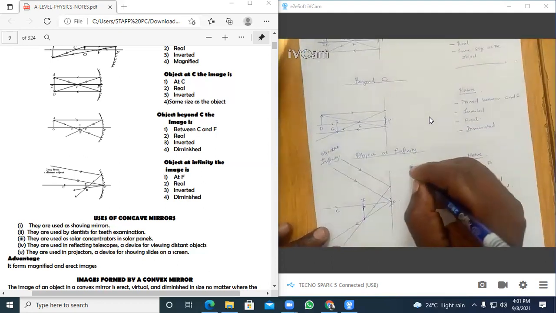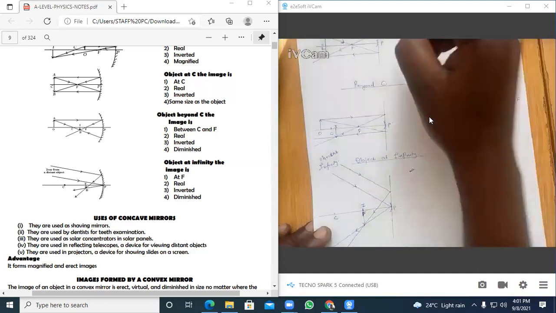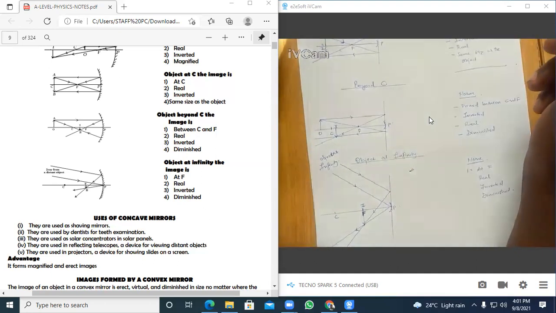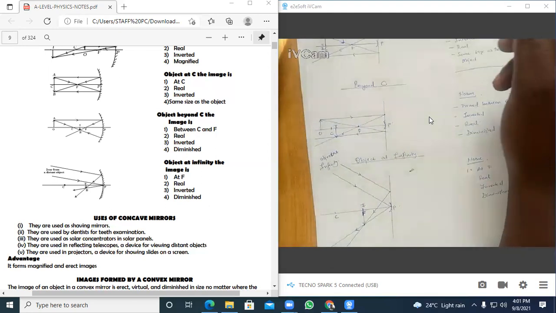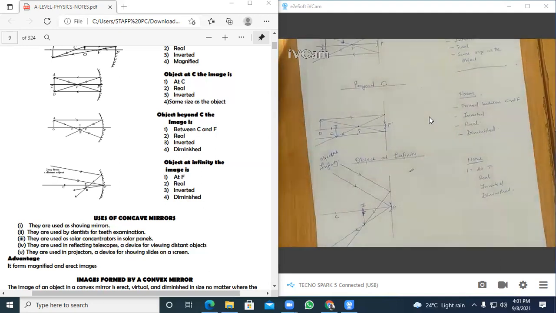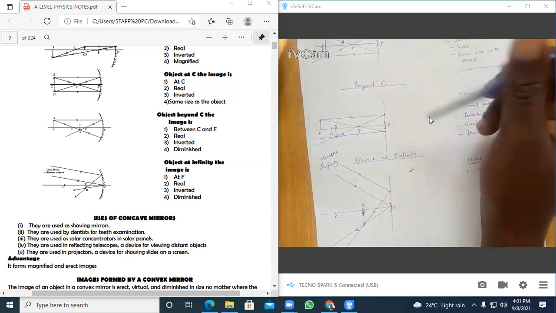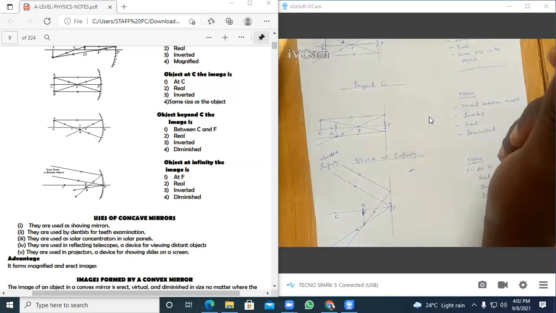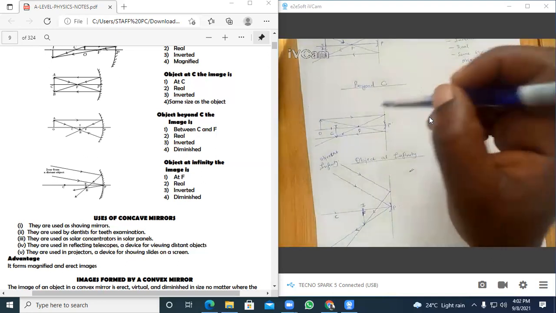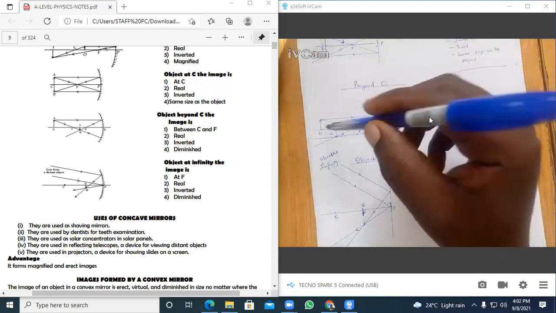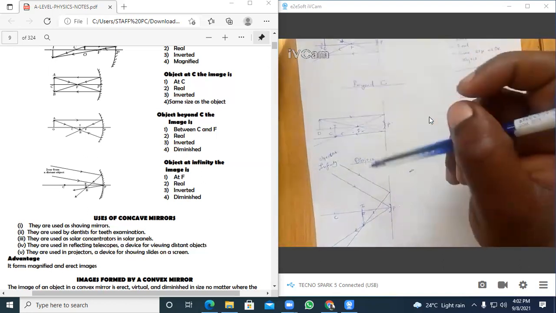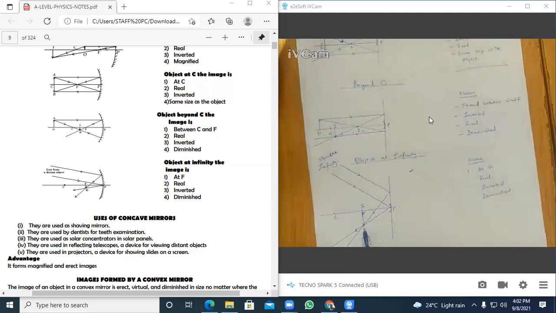And you should note this one very well. An image will never be formed between F and P. Cannot be formed between F and P. So it is always formed between C and F. And even if you put the object at infinity, it will be formed where?